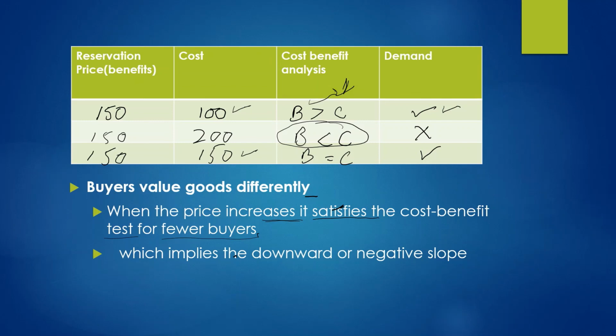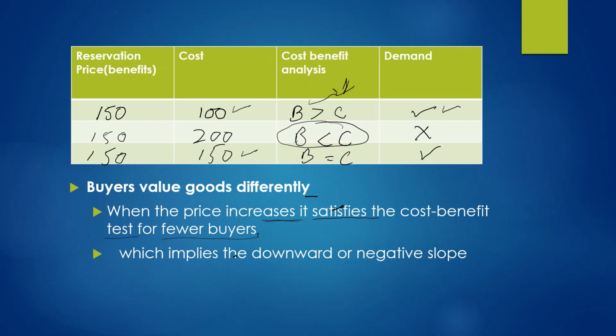That's why they are not going to demand. They are not able to buy that good because of the lower reservation price. So with the increase in price, some of the buyers leave the market, and that shows a decrease in demand.